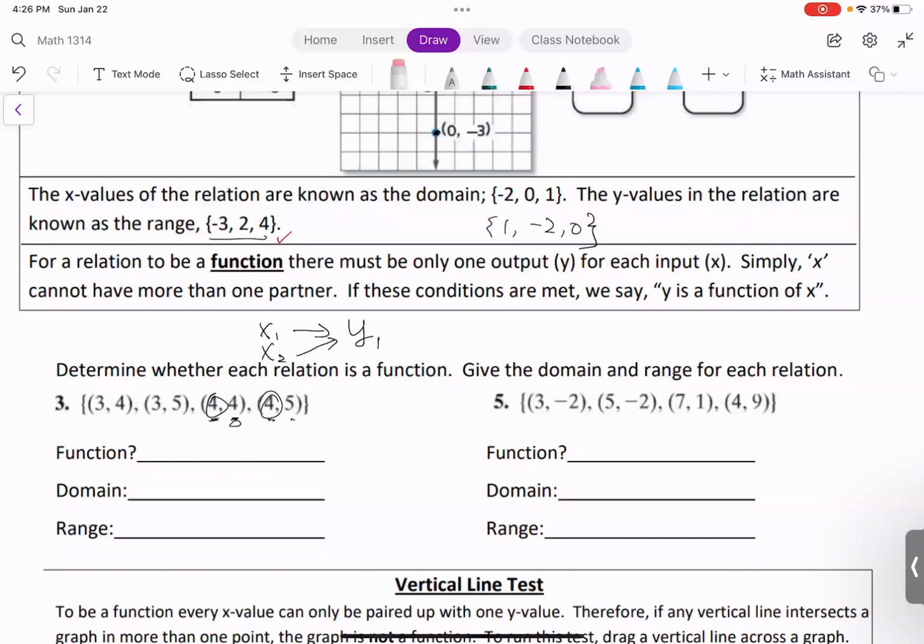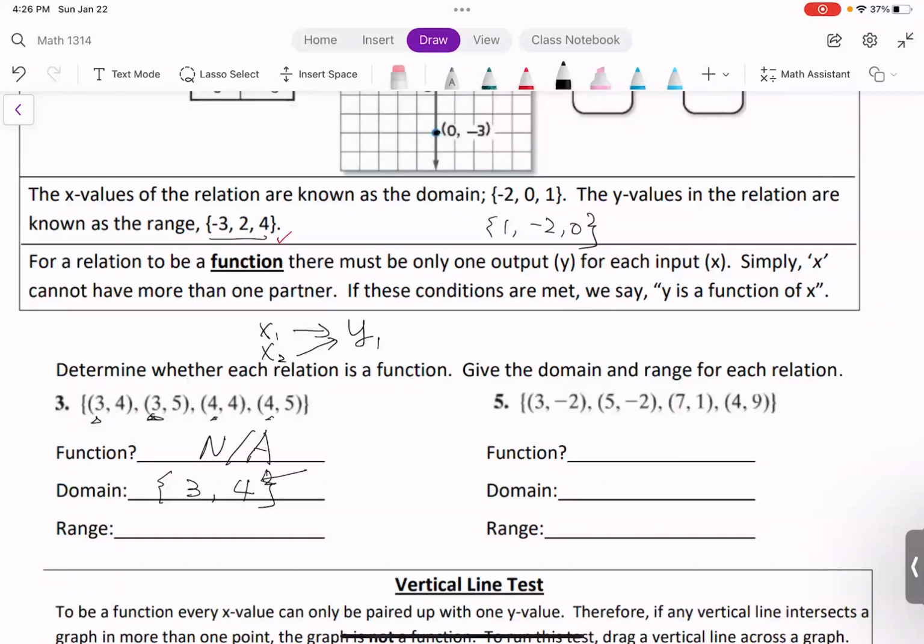And let's list the domain and the range in set notation. Domain means all X values, so list all the X. We can put 3 and 4. There's no repetition, because I know that 3 appears twice, but we only keep 1 in the set notation.